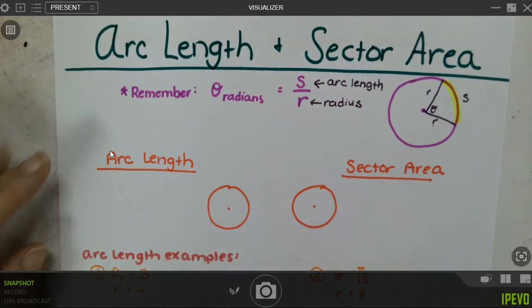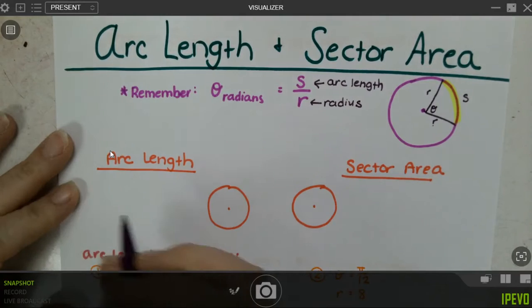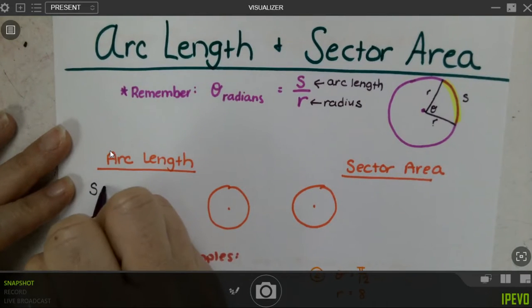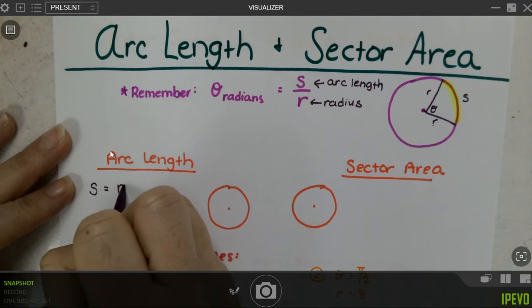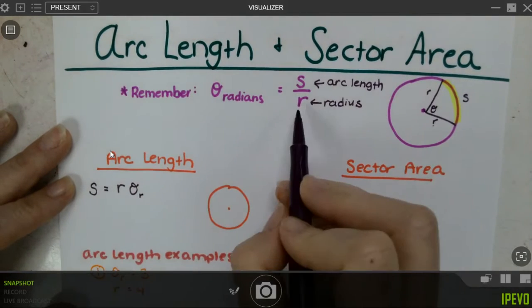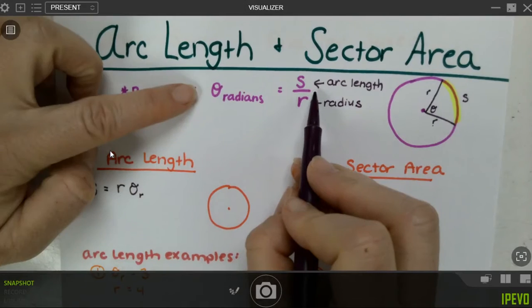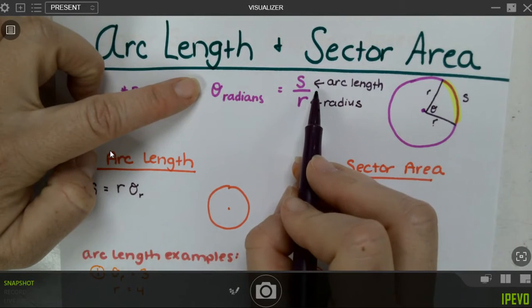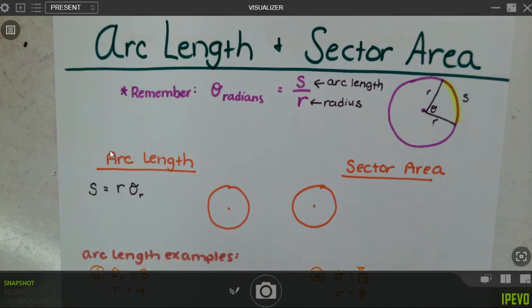All right, so what is the formula for arc length? S, arc length, is equal to the radius times the degree in radians. So basically all we did was multiply by r on both sides to get r out of the denominator to get the arc length alone.